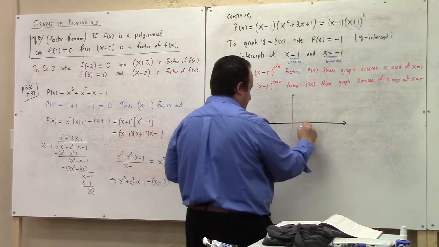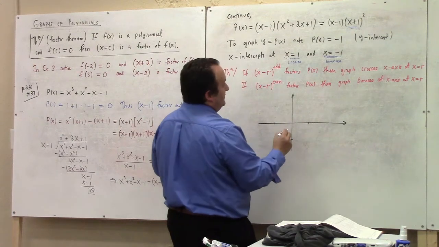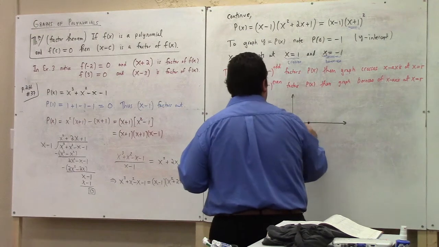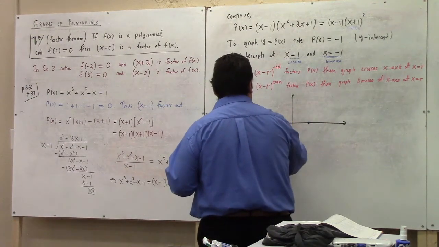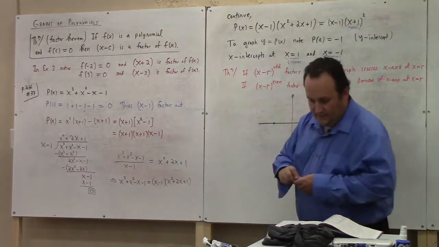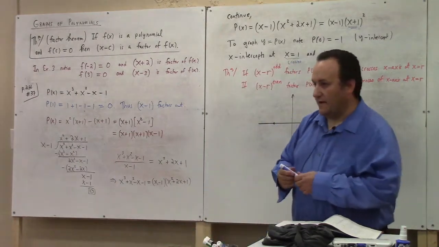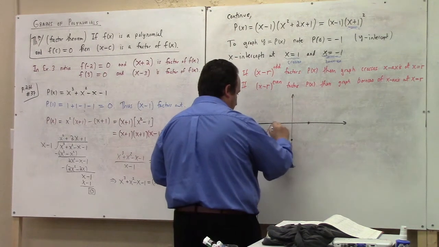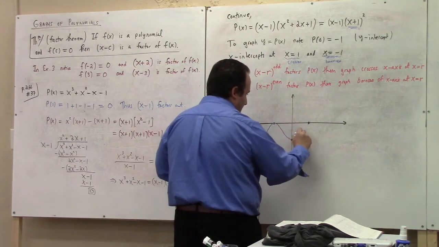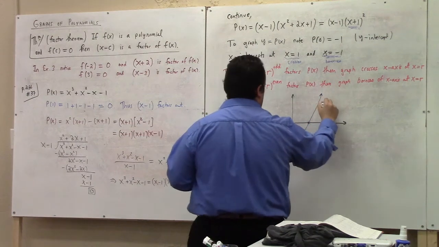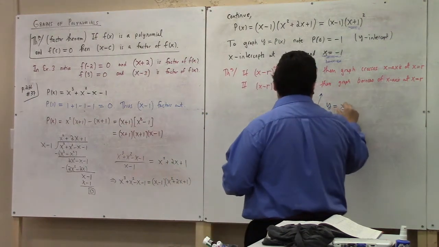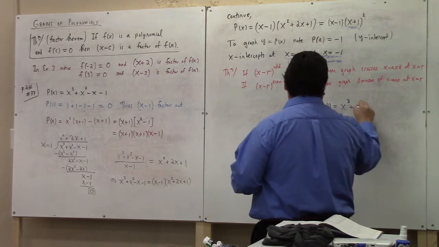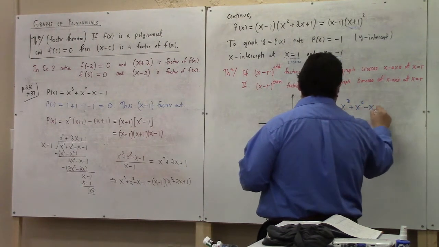Here's minus 1, here's 1. The y-intercept is minus 1, and it crosses at 1, and it bounces at minus 1. So I think I can pretty well draw the graph from that information. Bounces here, bounce, and then crosses back up here, like that. There you go. That's y equals x cubed plus x squared minus x minus 1.